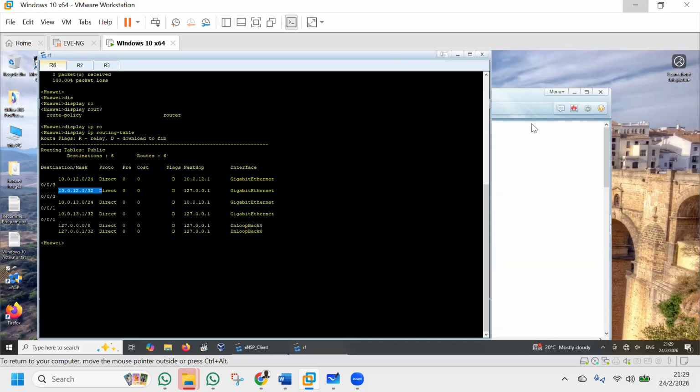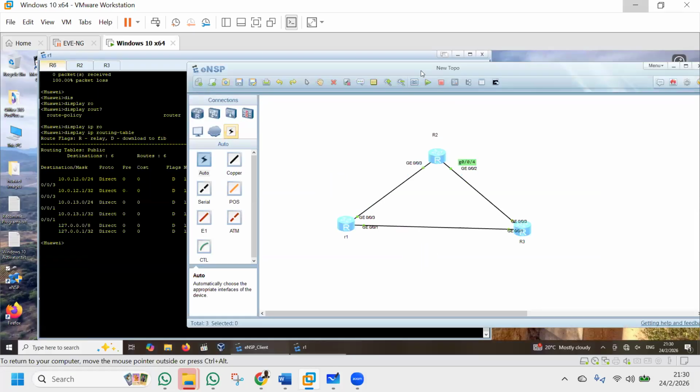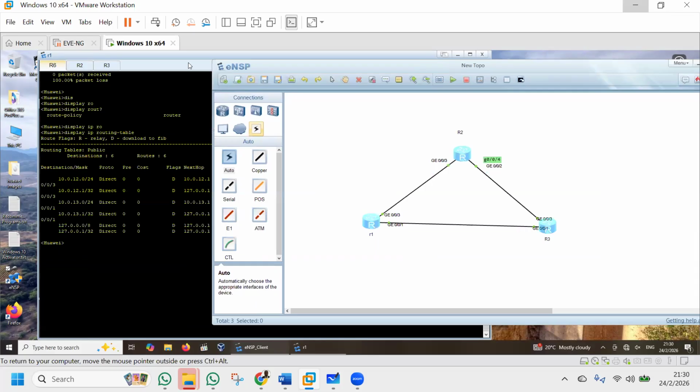So if I can put this side by side, can I? Right. So this is router number one. Then network 12.0 on this side, 12.0 network, and this interface 12.1 and the interface GigabitEthernet 0/0/3.